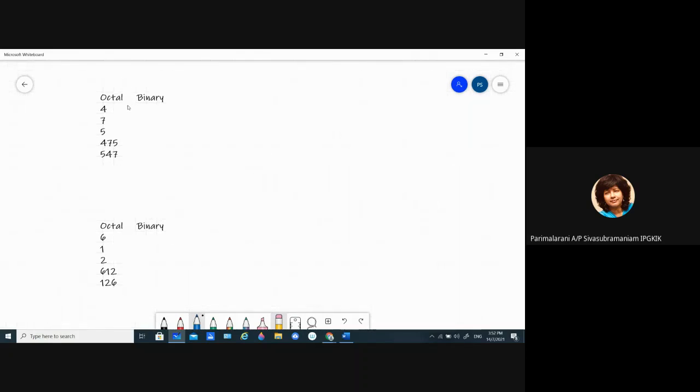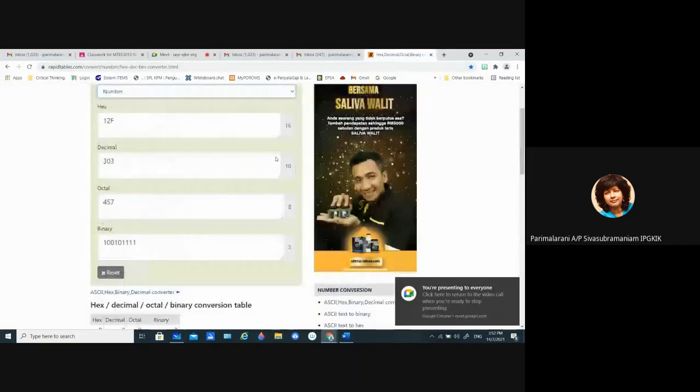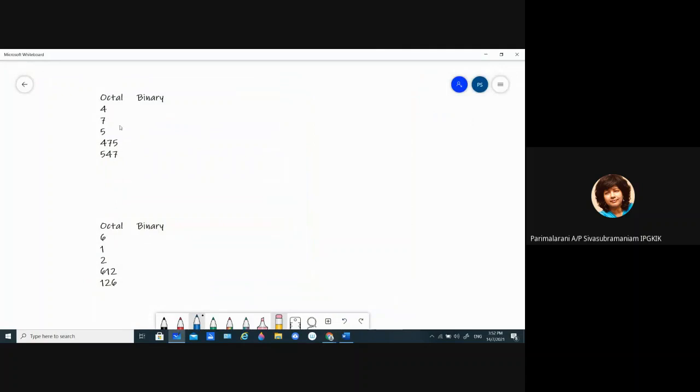Let's see how we can change from octal to binary. Before that, I'd like to show you this calculator. It's an online calculator which you can use to change any number. Here we have some numbers, 4, 7, and 5. We want to see how we can use the calculator to change these numbers from octal to binary.